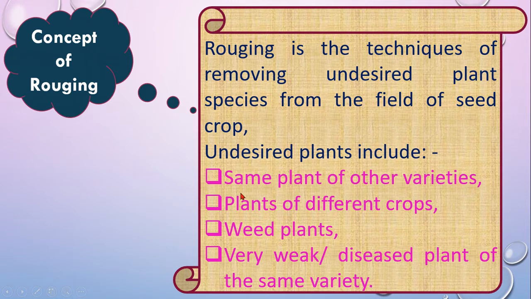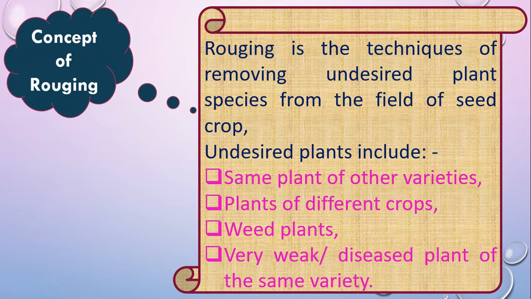So what will be the undesired plants in the seed crop field? First, some plants of other varieties, then plants of different crops, then weed plants, then very weak or diseased plants of the same variety. These are all undesired plants in a seed crop field. So we have to remove them to maintain the quality of the seed.